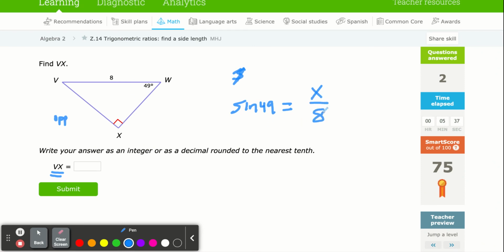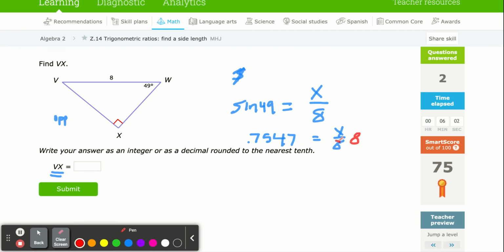Now I just use a calculator. I grab my calculator here, make sure I'm in degree mode. I take the sine of 49 degrees, and I find out that is 0.7547 and so on, which is equal to x over 8. Now I multiply both sides by 8.